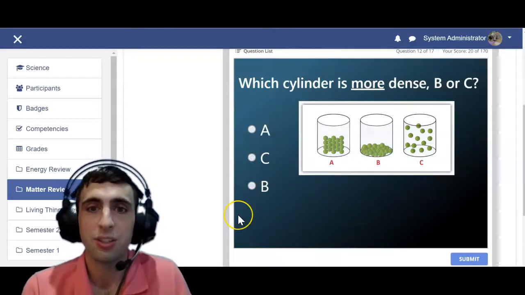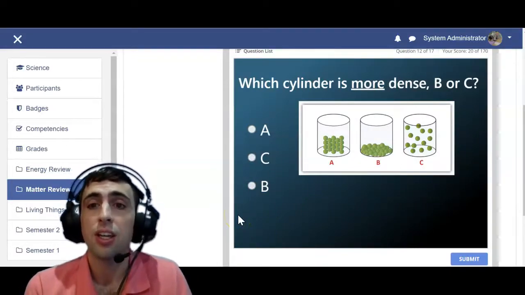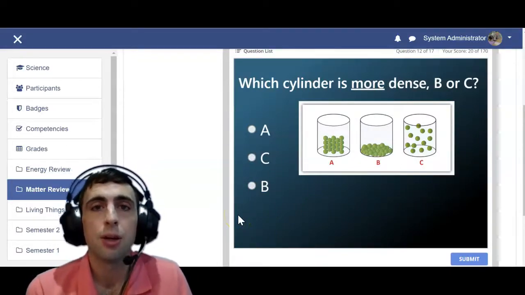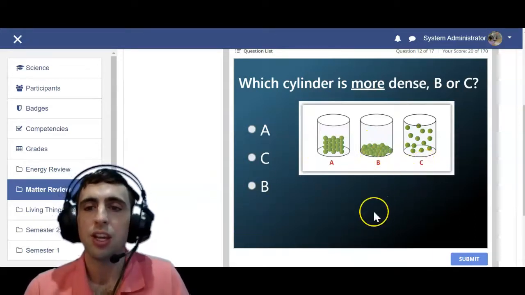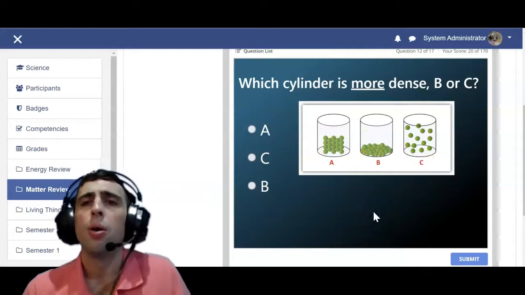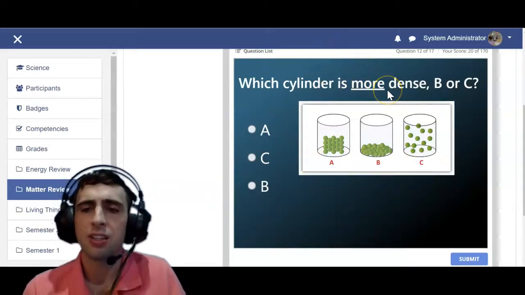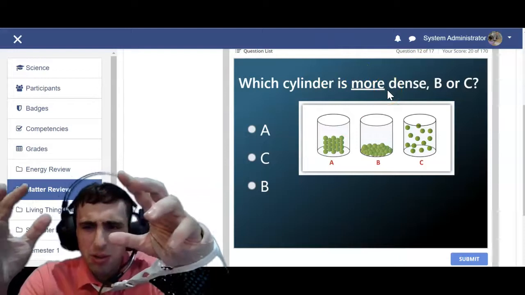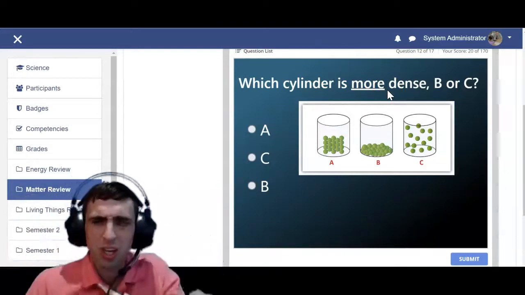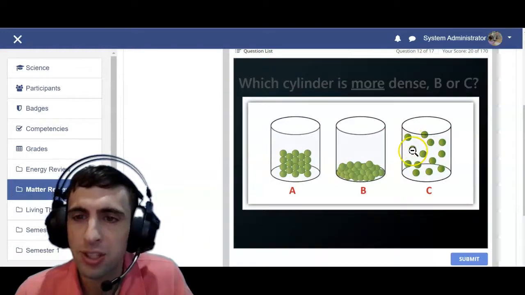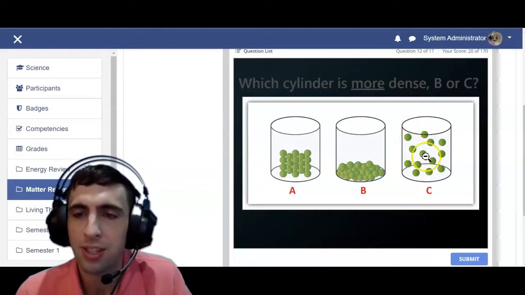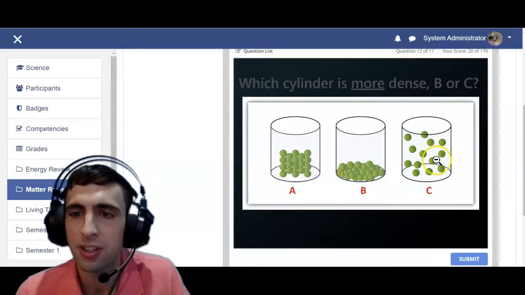So we'll look at another question. This question says, which cylinder is more dense? B or C? Now when something is more dense, that means the particles are closer together. So we can look at the particles in C and see these are kind of far apart.